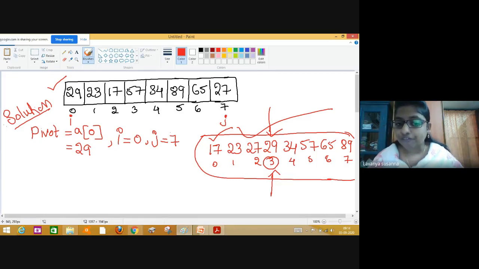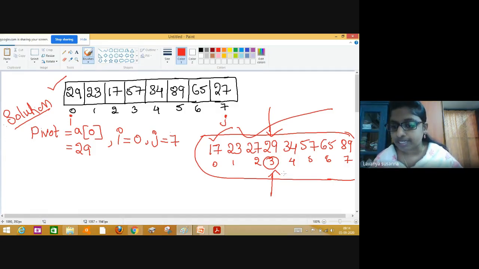That means when the list is divided into two, you need to see whether the pivot element came to the third position or not. If pivot element 29 didn't come to the third position, then what you have solved is wrong.